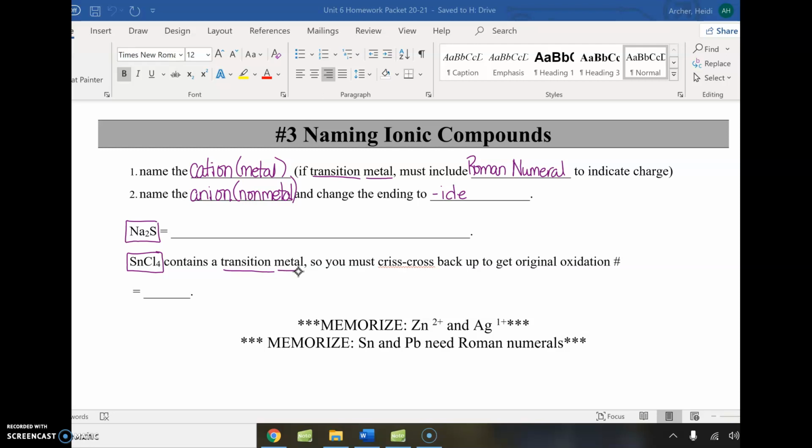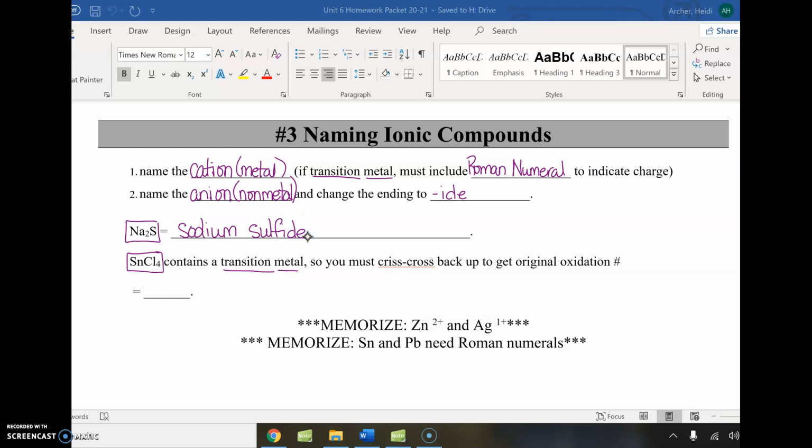So, following my rules, I name the metal, and in this case it's sodium, which is just a regular metal, so I don't have to change anything. I'm just going to call it what it is. The second element is sulfur, and so the second name, my nonmetal name, is going to get the IDE ending. So it's going to become sulfide.